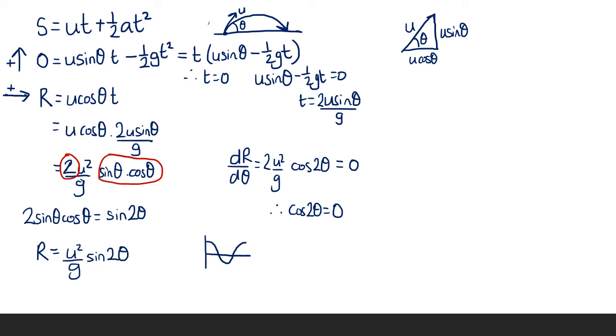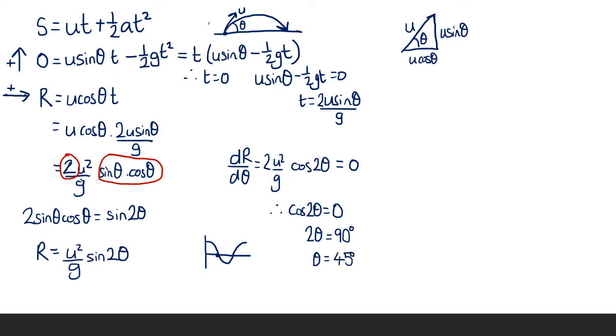And if we just remind ourselves of what cos 2 theta would look like, the first 0 on that graph is where 2 theta is equal to 90 degrees. Okay, so the inverse cosine of 0 is 90 degrees, and therefore theta equals 45 degrees.